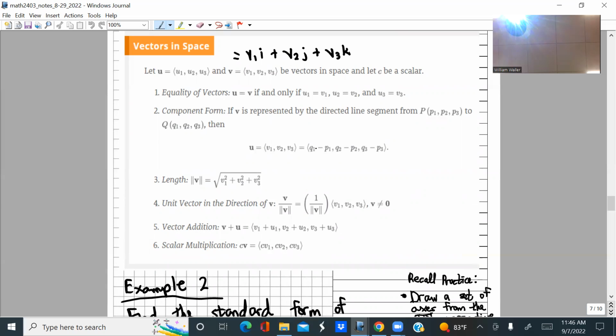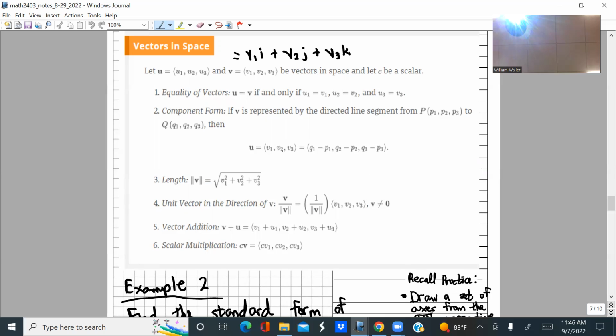If you have the initial and the terminal points for the vector, you simply take the difference of the coordinates: terminal point minus initial point, and that gives you the vector in component form. Remember, component form just assumes that the initial point of the vector is at 0, 0, 0, which is the origin for a 3-dimensional space.